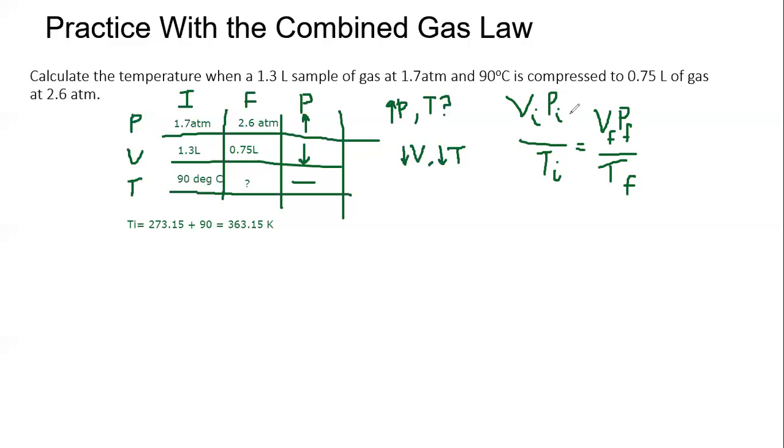So what I'm going to do first is solve for this, get this number, and then get this number. And then I'm going to multiply both sides by T final to move T final over here, and then divide by this number to move it over here. So let's look at that worked out.